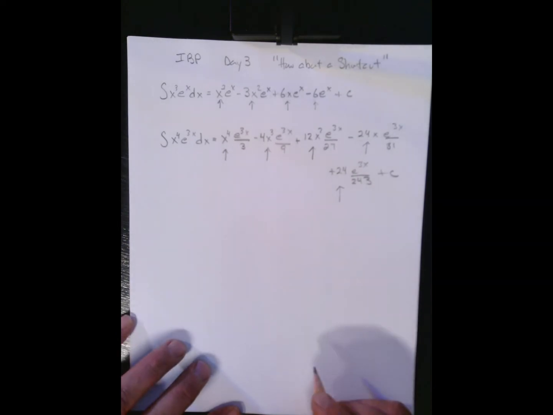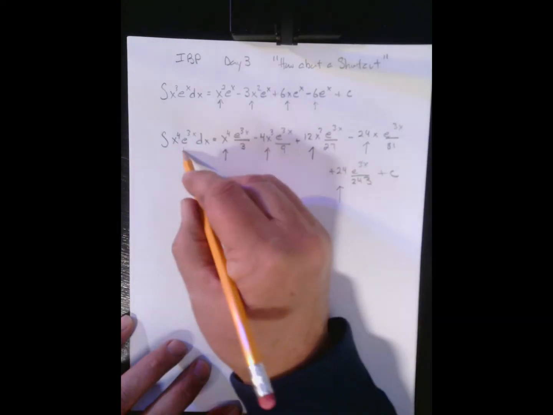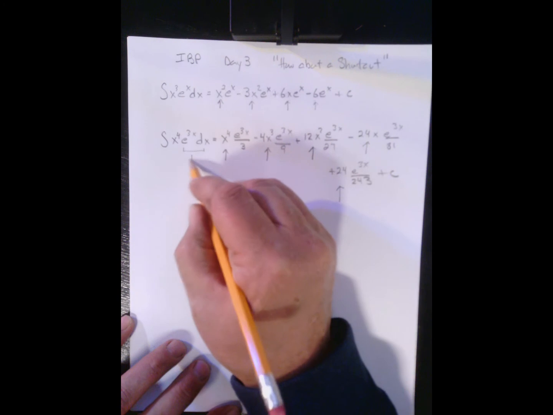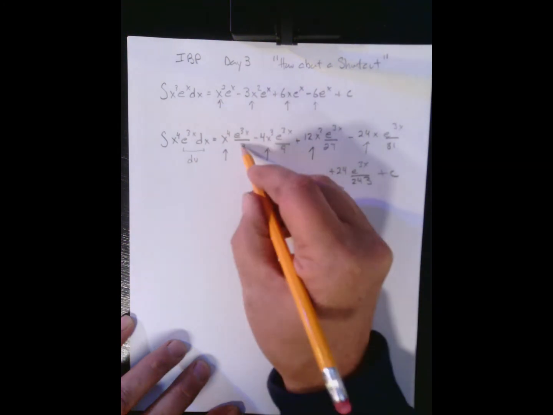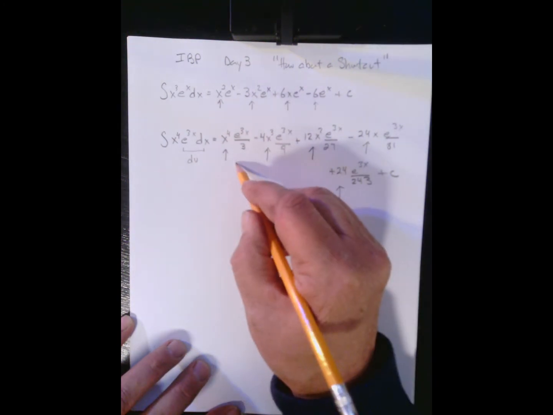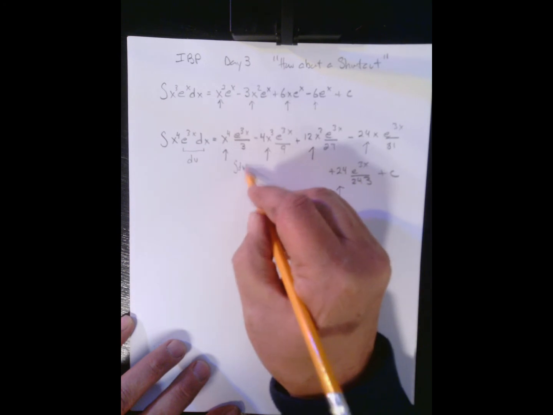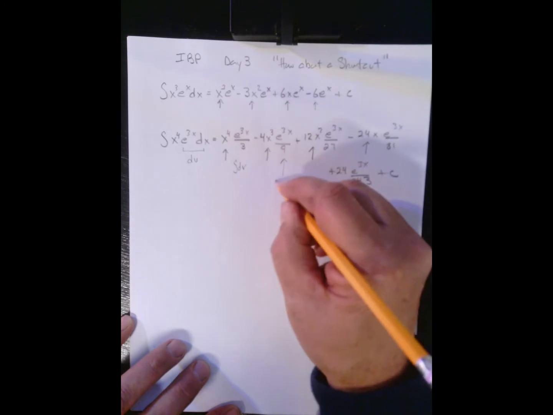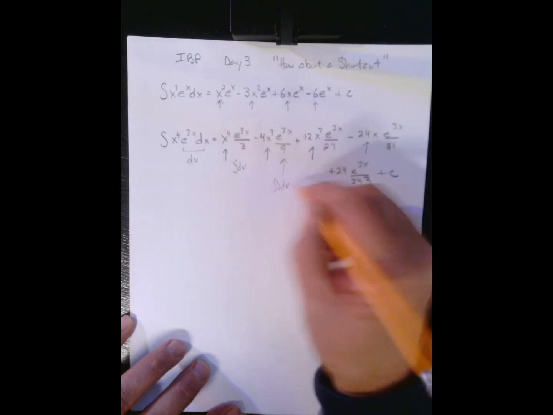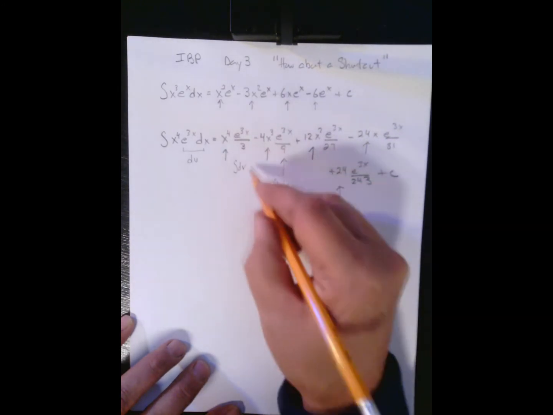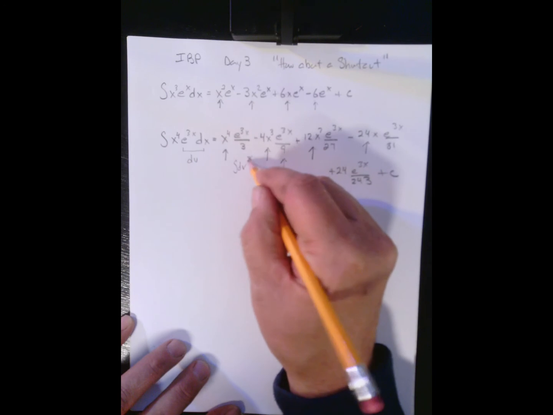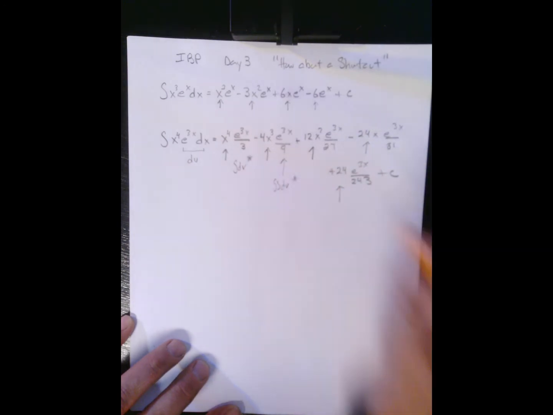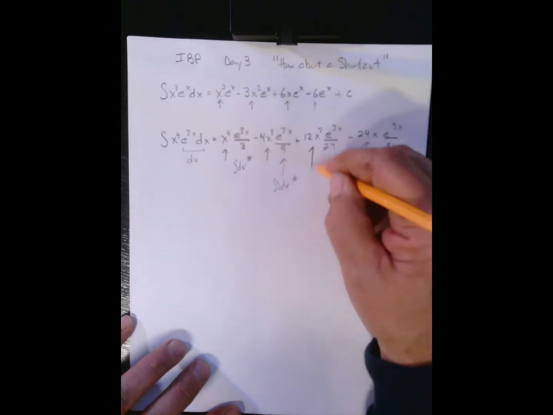Also, if we call this dv, which we did, then this would be v, or the integral of dv with a 0 constant. This is actually the integral of that, each time with a 0 constant, so I'm just going to put a little asterisk here because we're having 0 constants here.